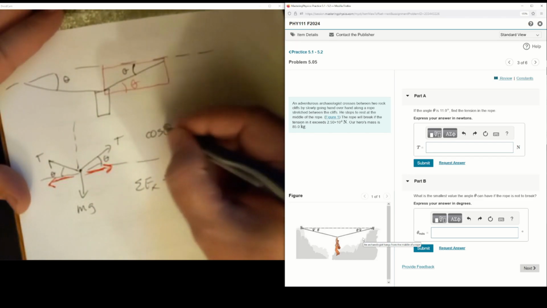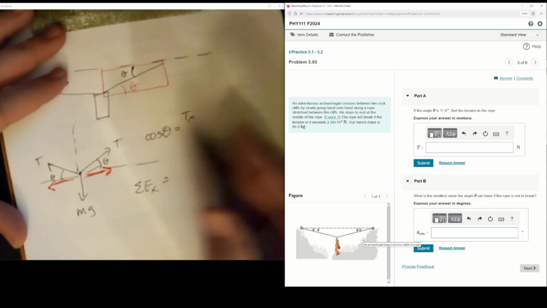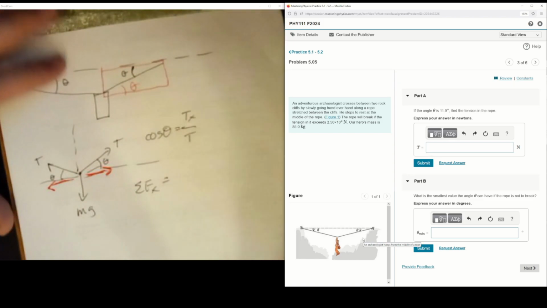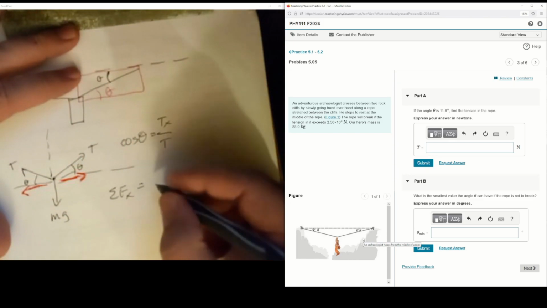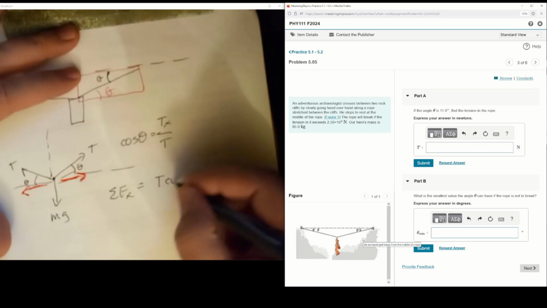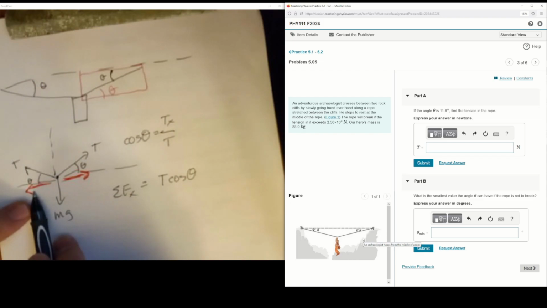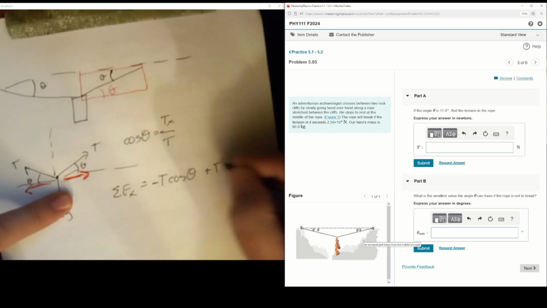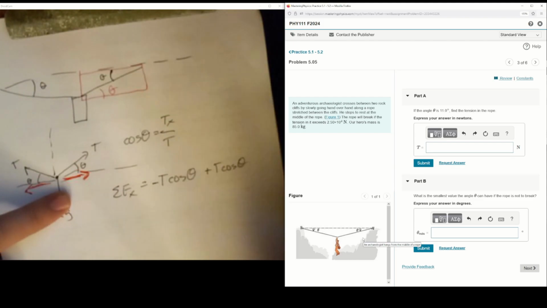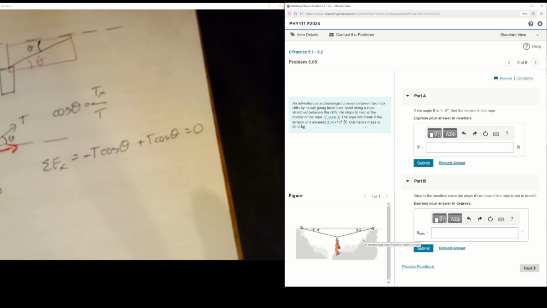Cosine is the adjacent leg, the x component we're looking for, divided by the hypotenuse, so we can solve for Tx by multiplying both sides by T. We have this one to the left and this one to the right, and you can see these are exactly equal, and that's going to equal 0.